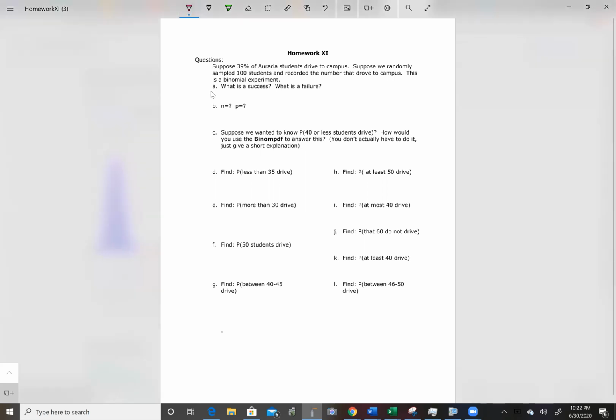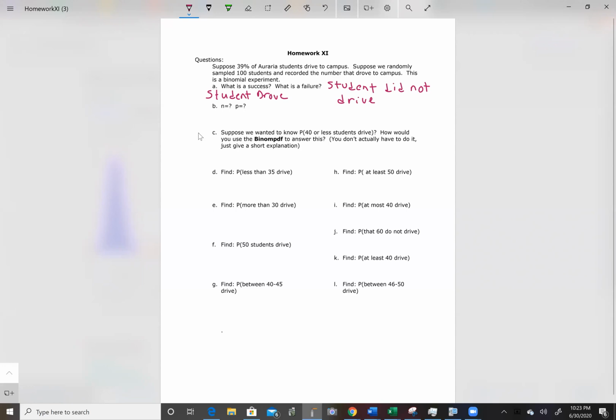And a failure would be the student did not drive. We don't know how they got to school. They could have walked, they could have taken the bus, but they did not drive.